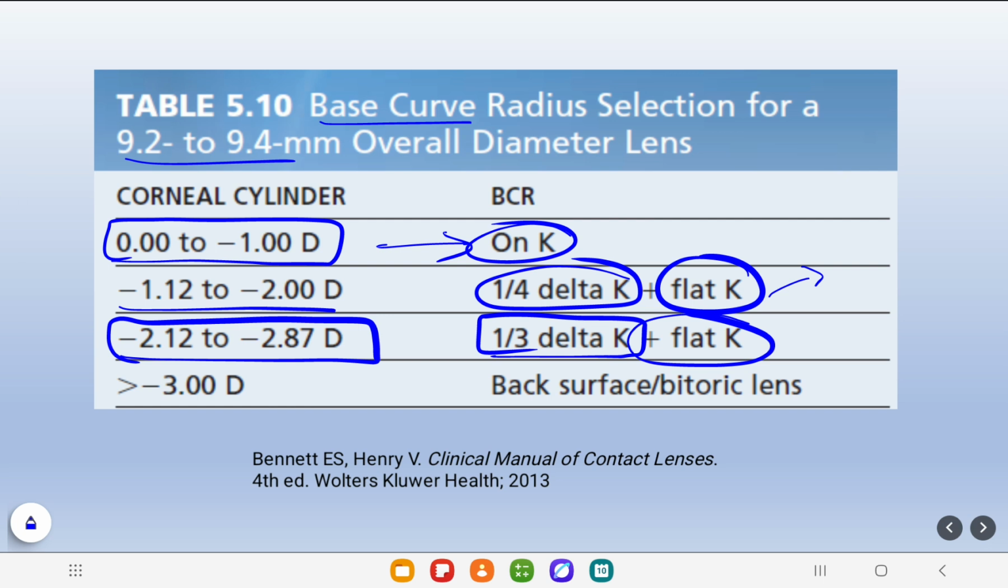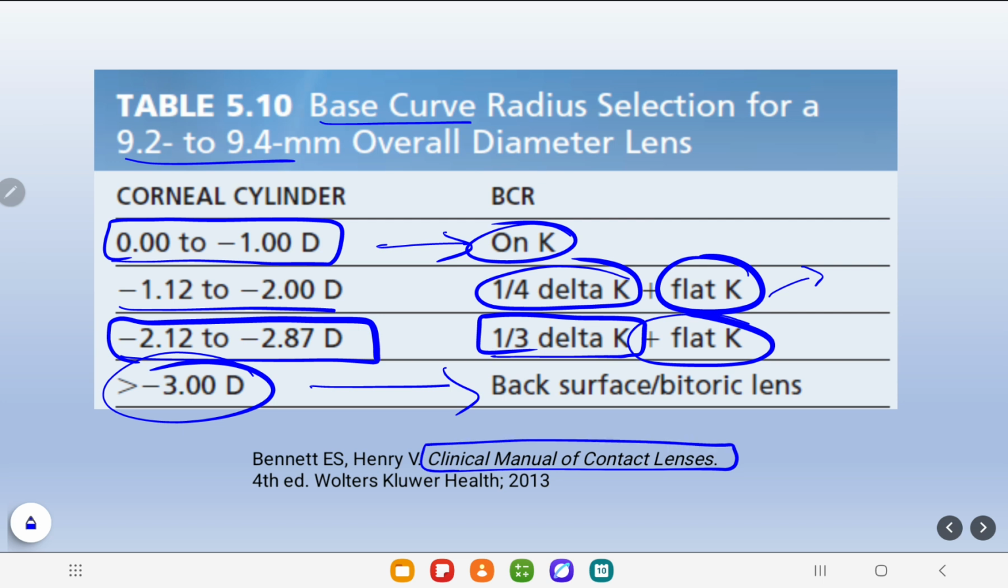You are not going towards flatter; that will be wrong. If it is greater than 3, that's obvious, we want a toric lens. I have taken this table from the book Clinical Manual of Contact Lenses. This is a very good slide. Just stay on this slide and try to understand this whole table by heart. It is a very, very good table, and it will help you save time in your clinical setup.